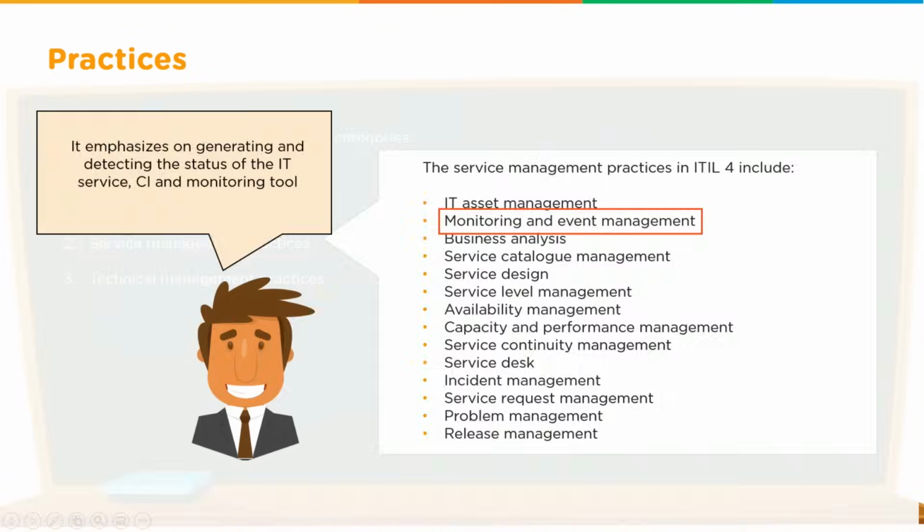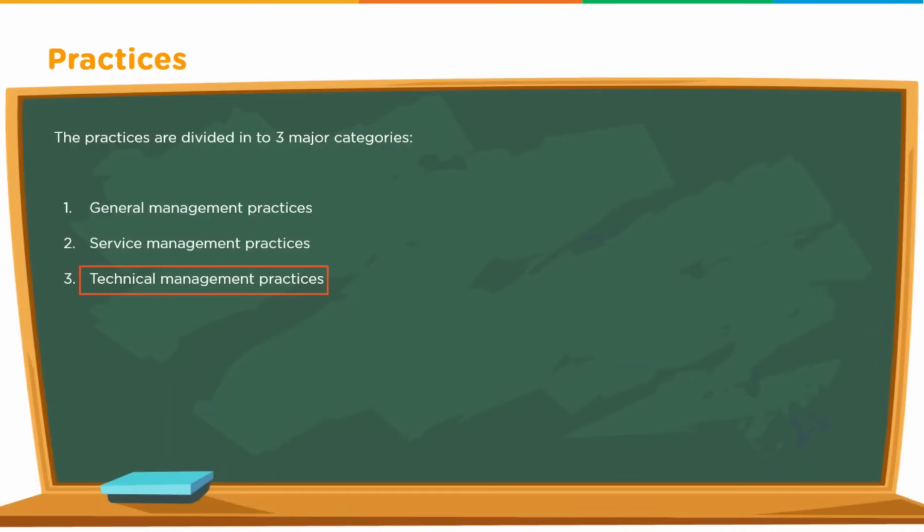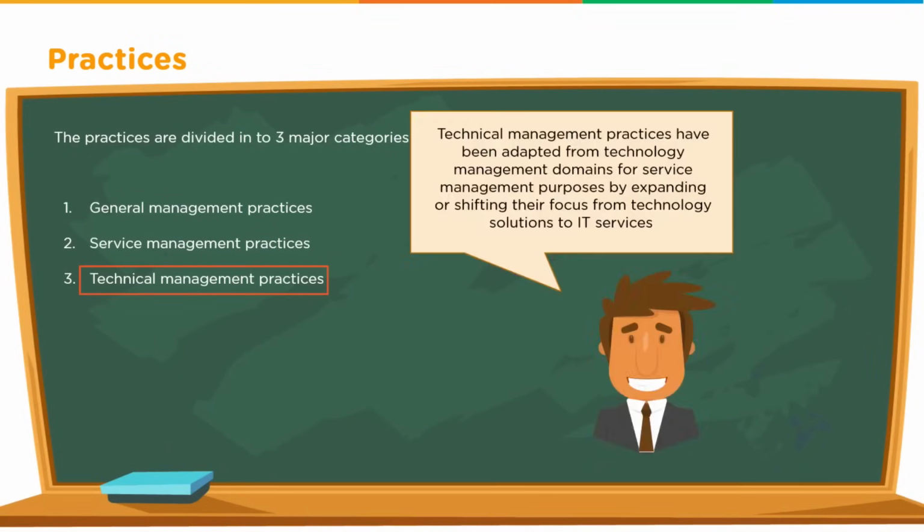So next is technical management practices. When we say technical management practices, it refers to the management of technology domains for service management purposes, by expanding or shifting their focus from technology solutions to IT services. If I'm just looking at a server, or an application, as an individual component, I'm not seeing the entire service as a whole.